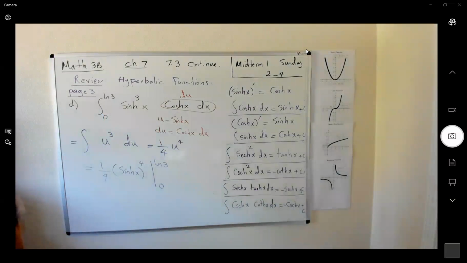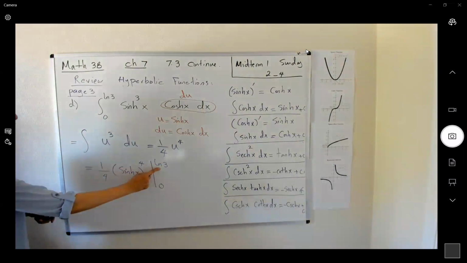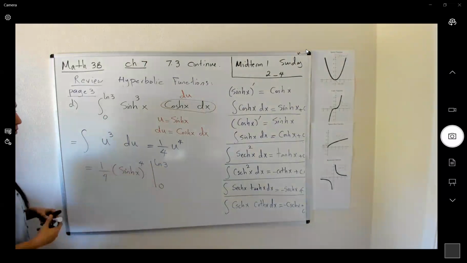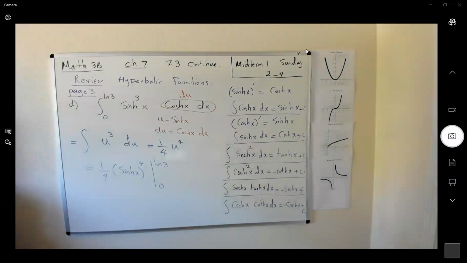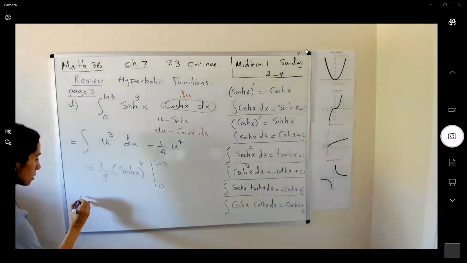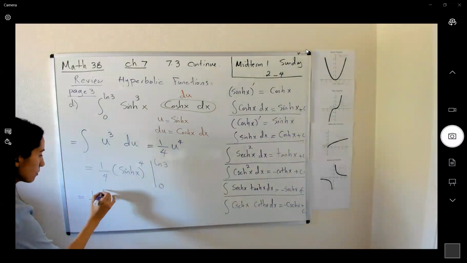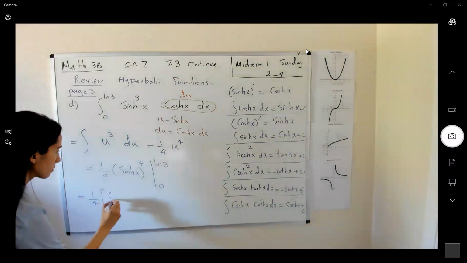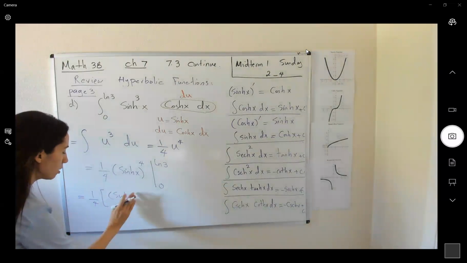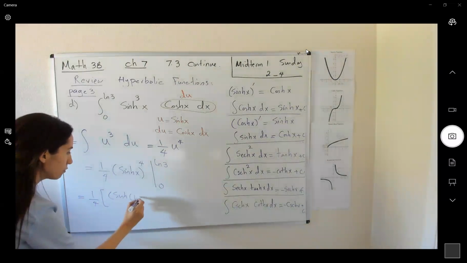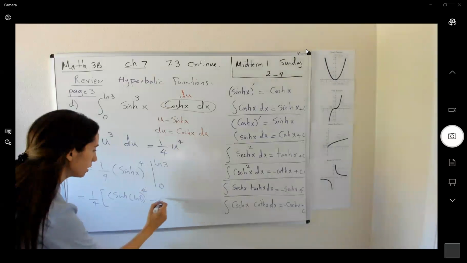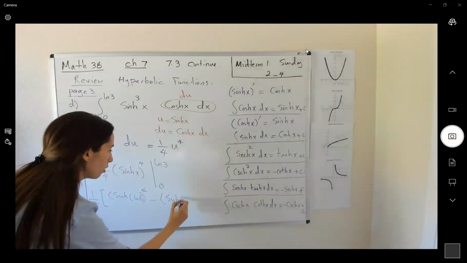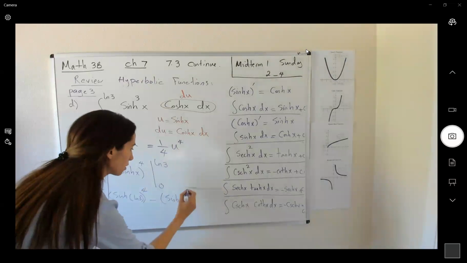In the next step, we have to calculate the hyperbolic sine when x is ln of 3 and the hyperbolic sine when x is equal to 0. So this is equal to one fourth. Let us use a bracket: hyperbolic sine of ln of 3, raised to the 4, minus the hyperbolic sine of 0 raised to the 4.